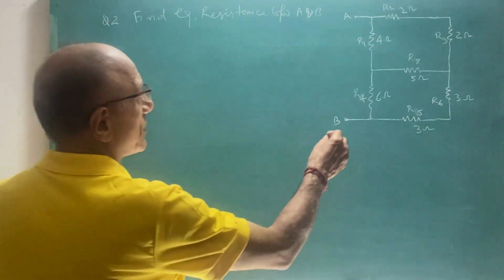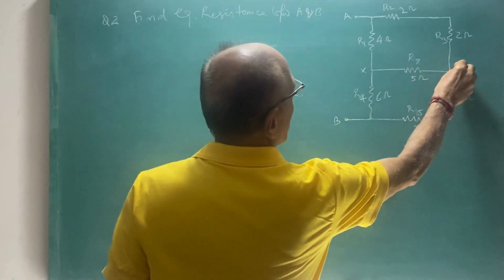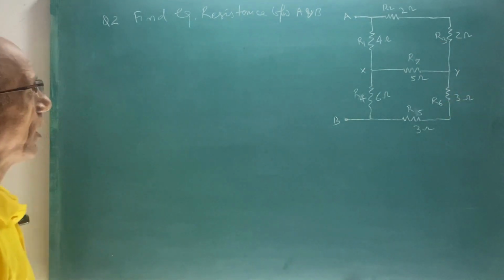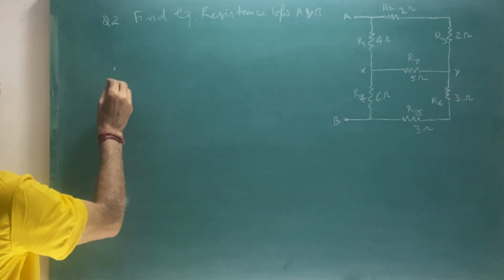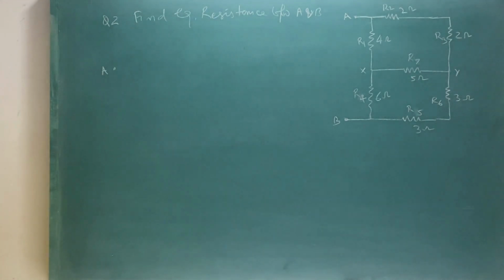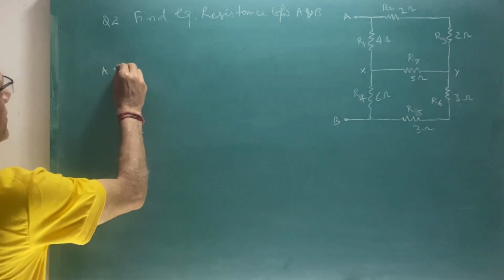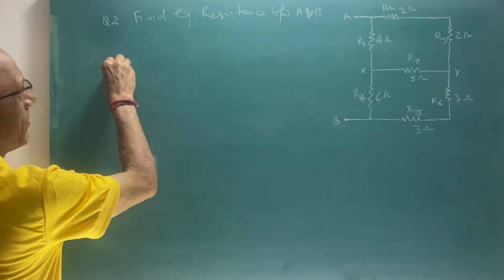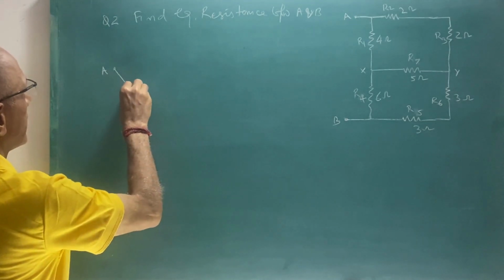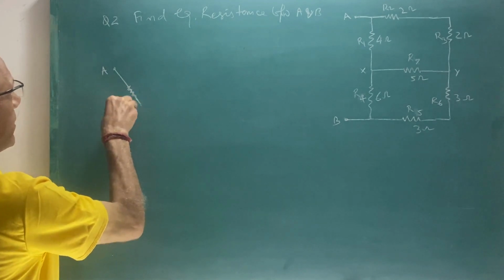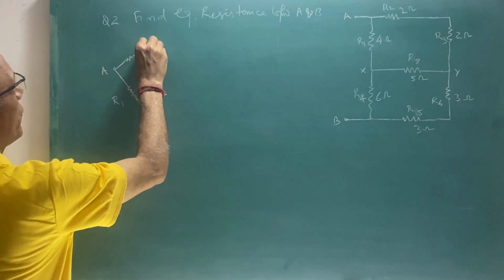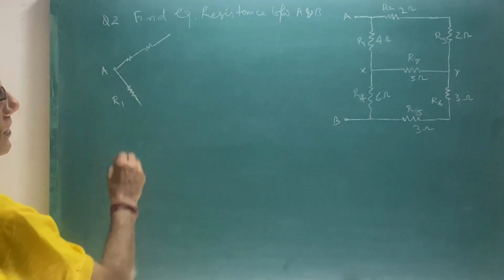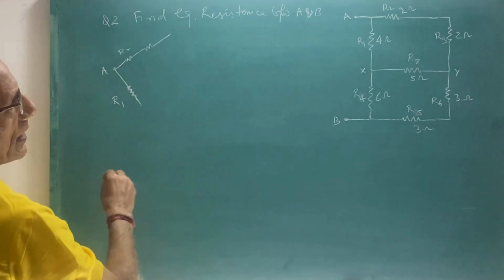So let us call it X and Y. Now we can redraw the diagram. This is A. From A we are connecting R1, and from here we are connecting two resistors, R2 and R3.